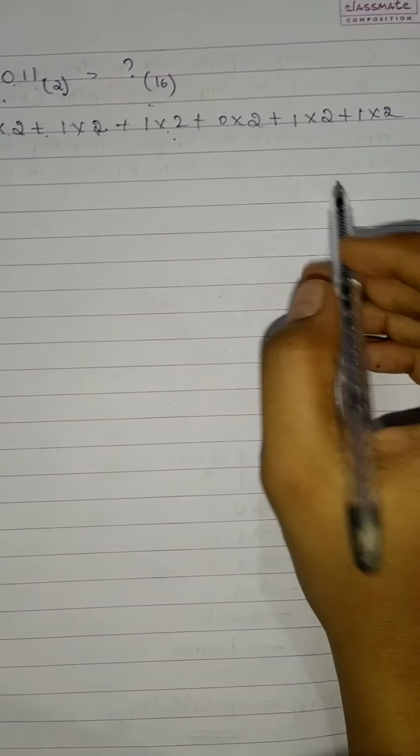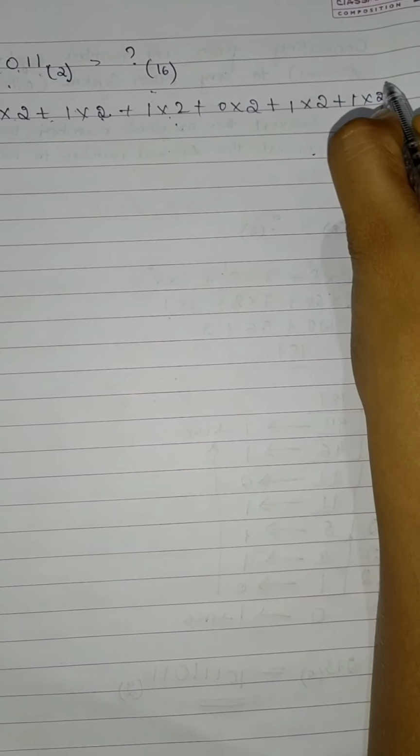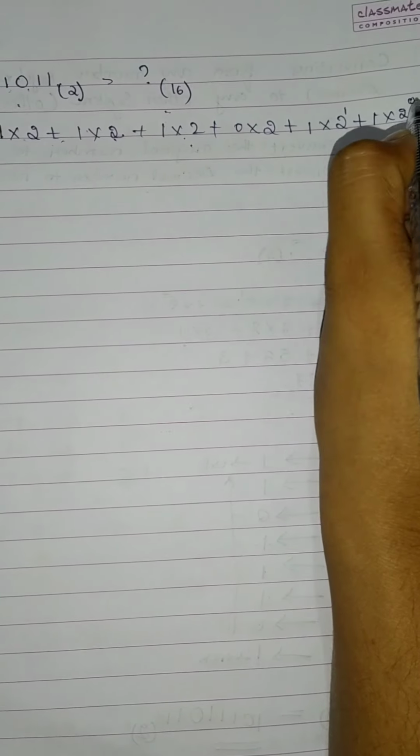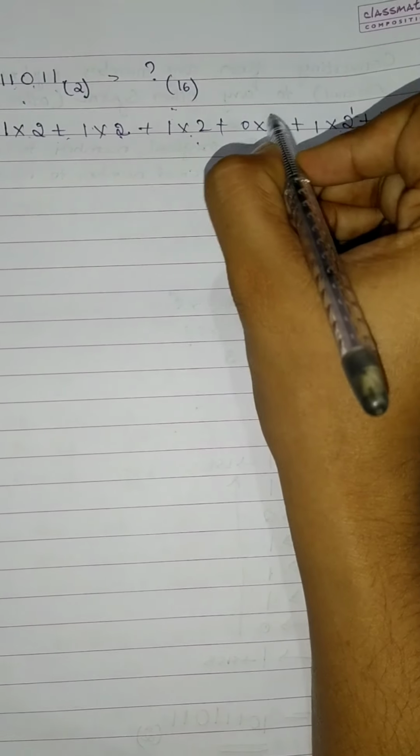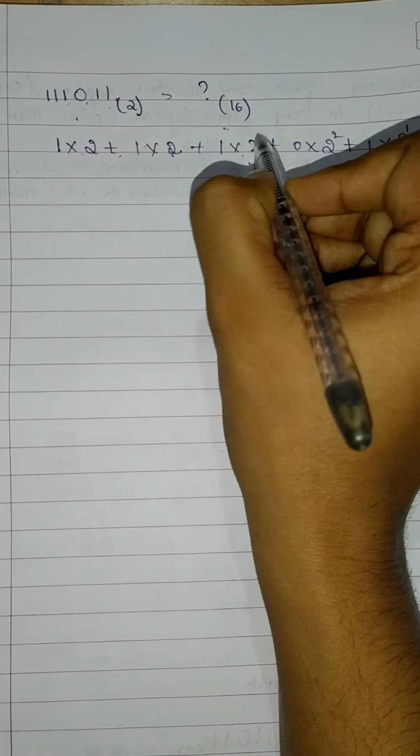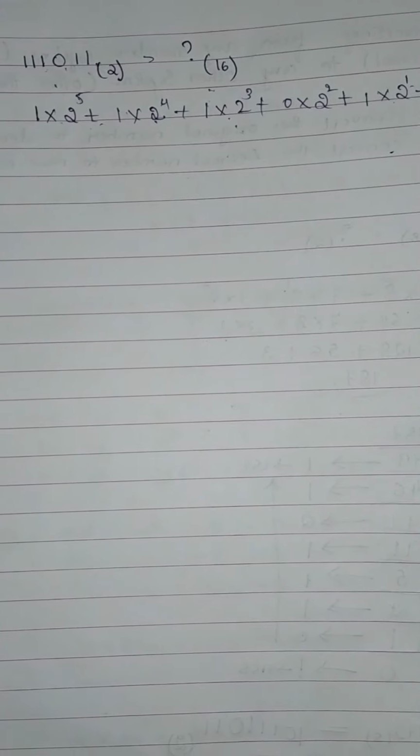Now I need to assign the weightage from 0 to n. That means 2 to the power 0, 2 to the power 1, 2 to the power 2, then 2 to the power 3, 4 and 5.